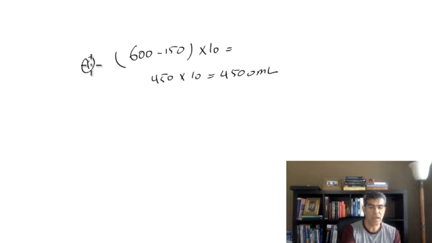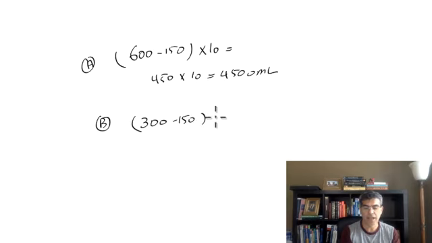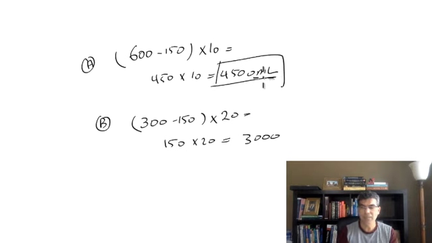Person B, however, is breathing 300 every time, and 150 is dead, and breathing 20 times. That is going to be 150 times 20, and that is going to be 3,000. As you can see, person A is breathing much more effectively because in 1 minute he's exchanging 4,500 ml of air, but person B is only exchanging 3,000 ml of air.